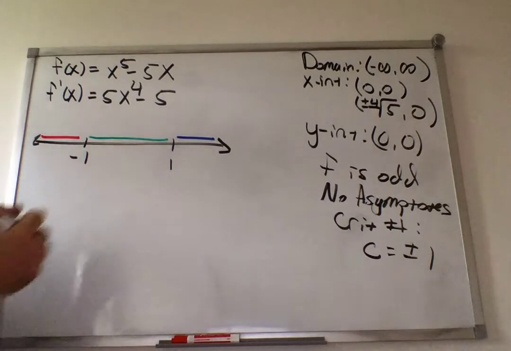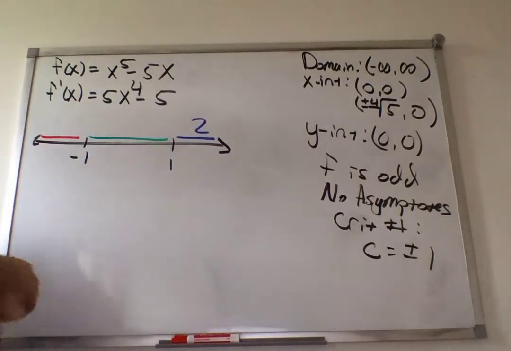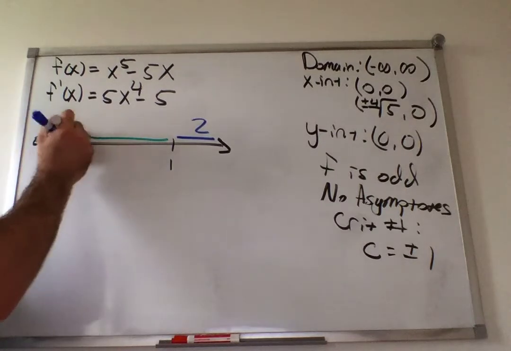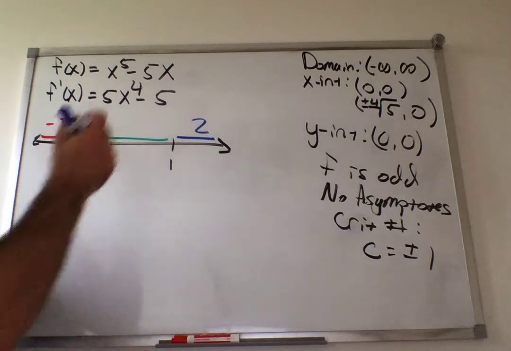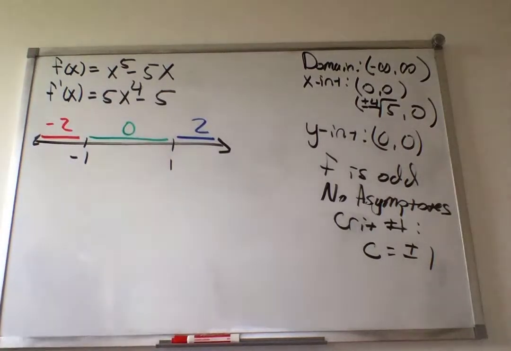So if I'm picking test values, I'm going to pick 2 right there. Let's see, I want to pick negative 2 over here. And then in the middle, because I could pick 0, I'm going to pick that.